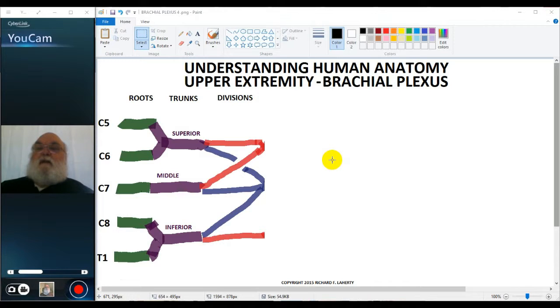The root at C7 continues as the middle trunk, and the roots from C8 and T1 combine to form the inferior trunk. Then each trunk divides into an anterior and posterior division, and that's where we're going to leave it in this video, and I'll pick up with what happens with the divisions in the next video.